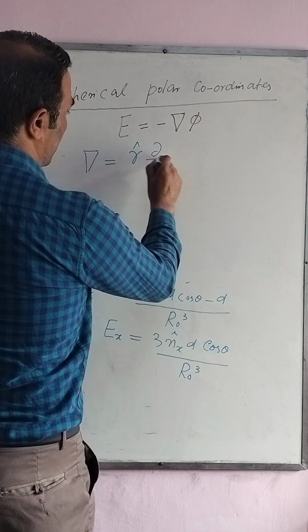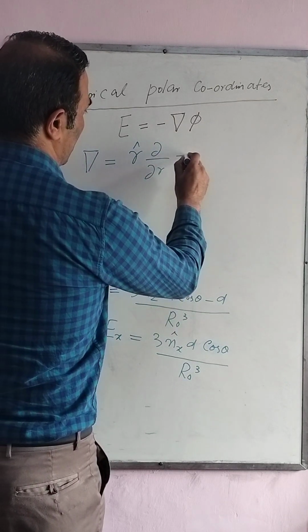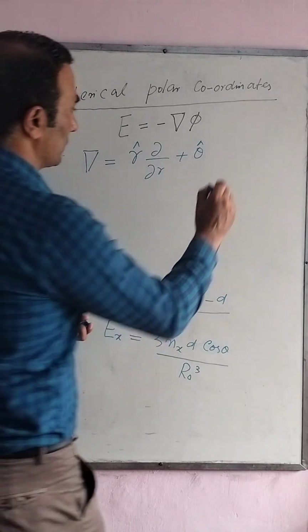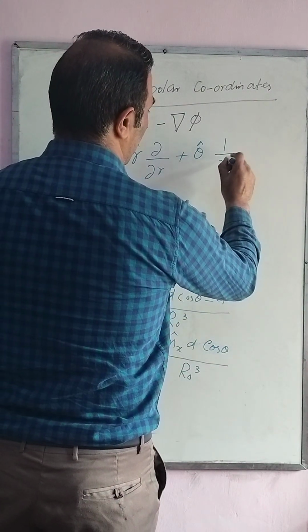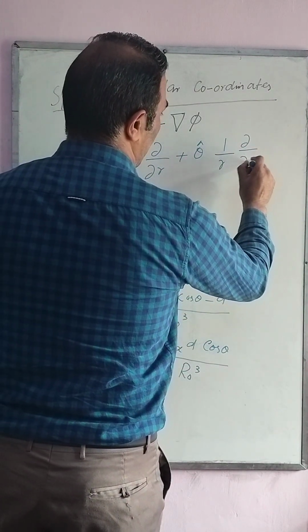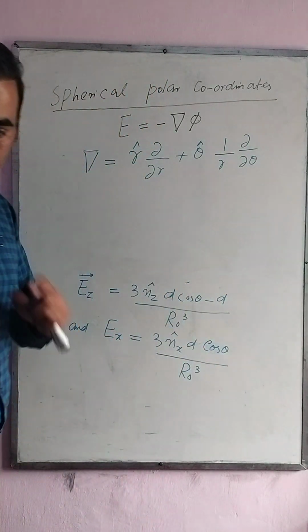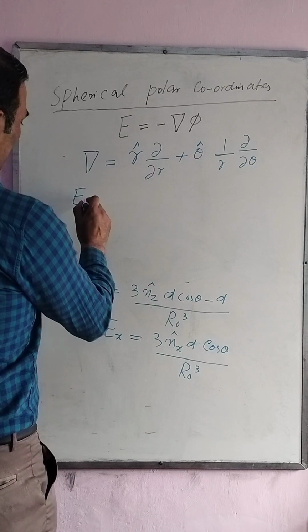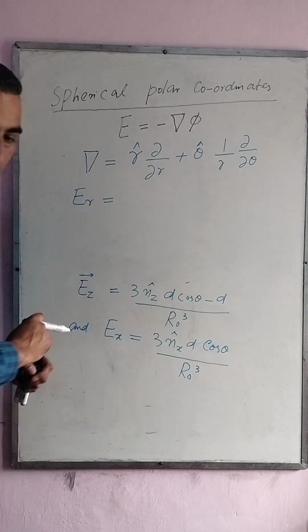r cap partial by partial r plus theta cap 1 by r partial by partial theta. Okay. So what is now E_r?